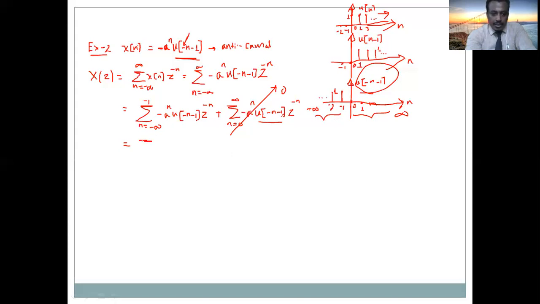So we can write this summation n from minus infinity up to minus 1 of minus a to the power of n z to the power of minus n. Right?